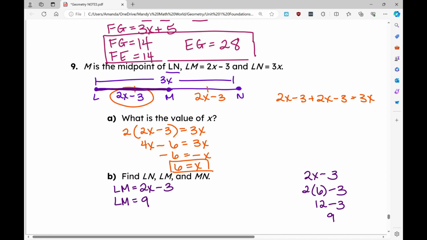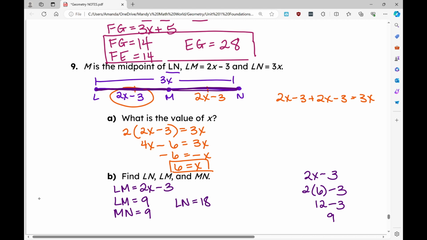If LM is 9, I know the length of MN is also 9. And if both of those segments are 9, then the length of the whole thing is 18. Okay? So I'm going to say LN equals 18.